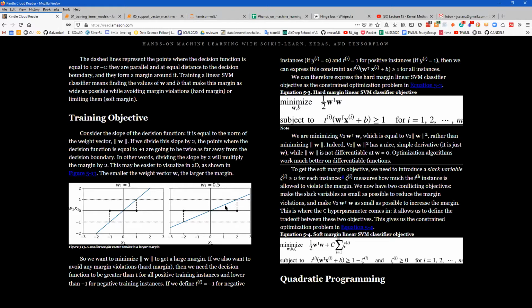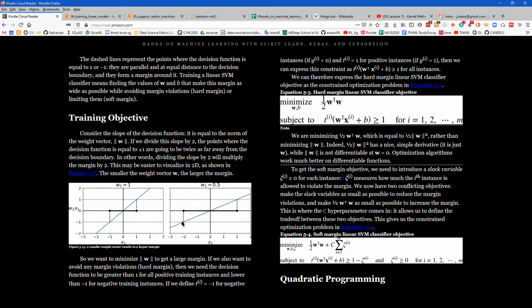Yeah, and that's shown in this plot here, right? The smaller slope means that the distance between the 2 points that reach the margin of plus or minus 1 are closer together than they are with the shallower slope, right? So these are the 2 here. These 2 points are the ones that reach the margin of minus 1 and plus 1.